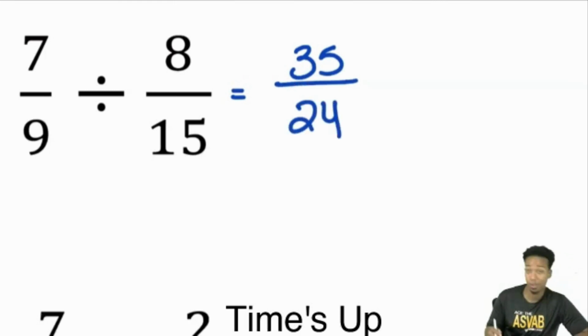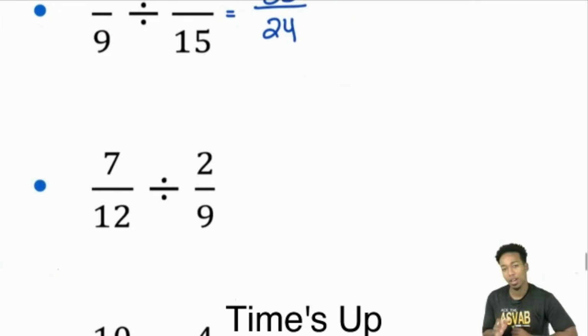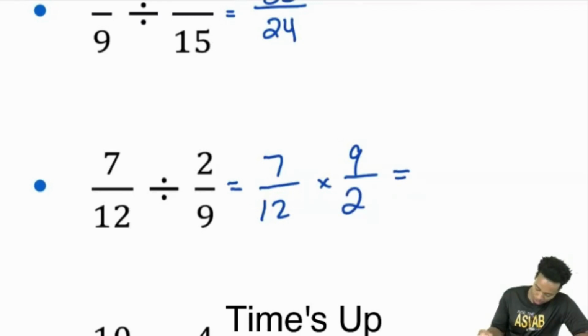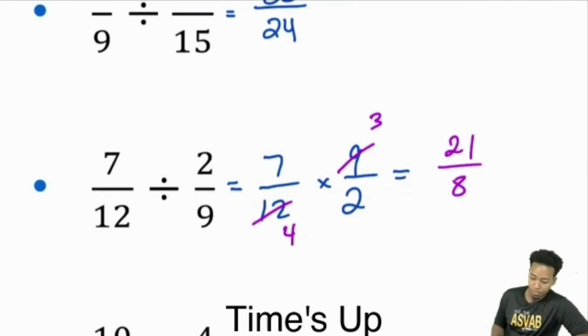Again, if it sounded like I was just rambling, no worries. So with that, 7/12 divided by 2/9, I'm just going to work it out quickly to keep more of y'all on board. So over here, 3 and 4. And so we have 21/8.